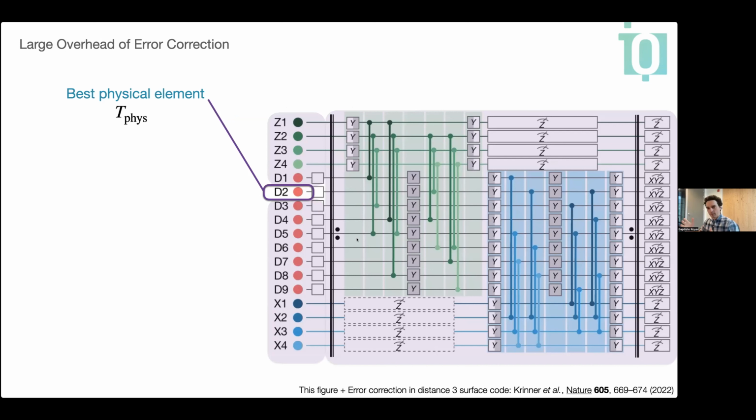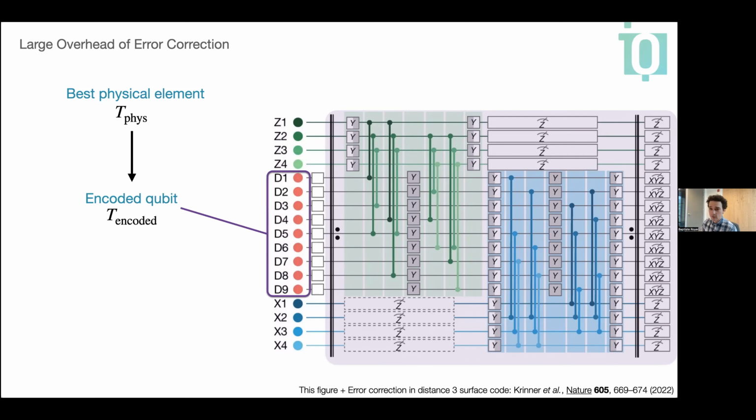So maybe I can talk about what people usually compare in quantum error correction experiments, because we're not the first to do quantum error correction experiments. So one thing you can look at if you have a big circuit is what's the best physical element, what's your best transmon in this case. And you could use that to do your quantum computation.